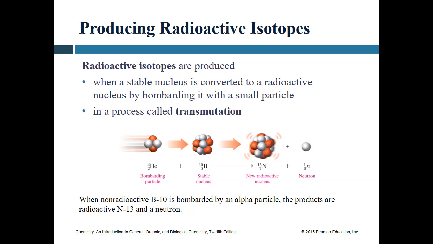You can see throwing alpha particles at this boron nucleus can turn that boron nucleus into nitrogen. Now, that nitrogen being radioactive itself, it's going to generate something else. My guess would be that it'd probably go toward carbon.